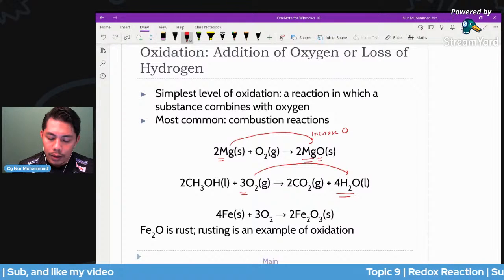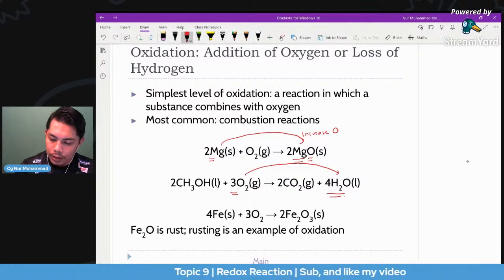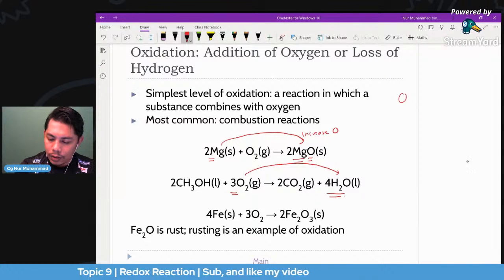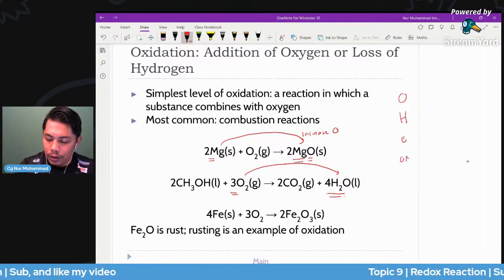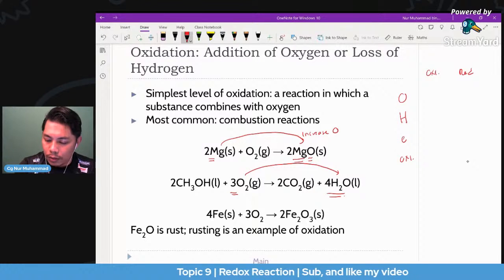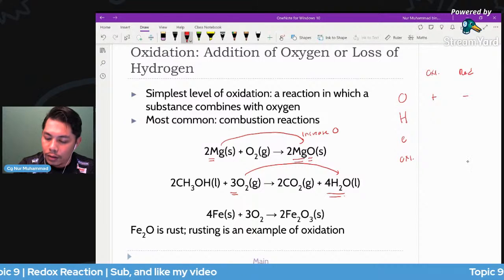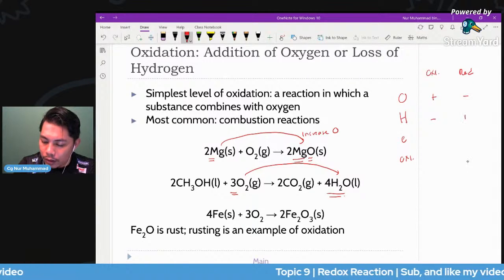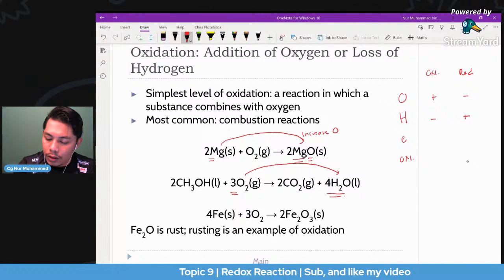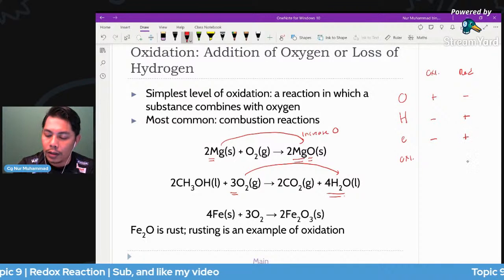Tapi sebelum tu kita recall balik oxidation. Oxidation, hydrogen, number of electron and oxidation number. So kalau oxidation, number of oxygen increase, reduction decrease. Oxidation, hydrogen decrease, reduction increase. Oxidation release electron, reduction gain electron.